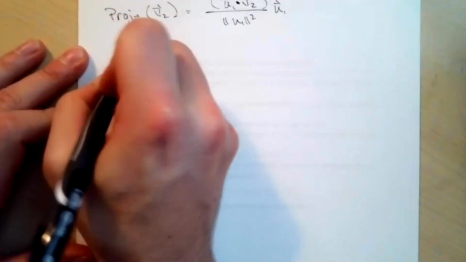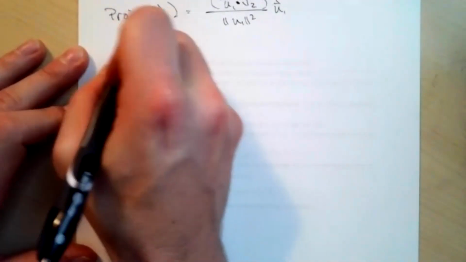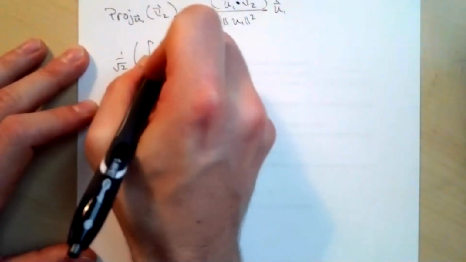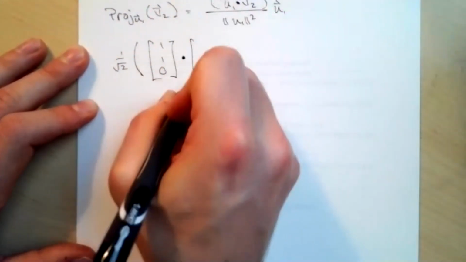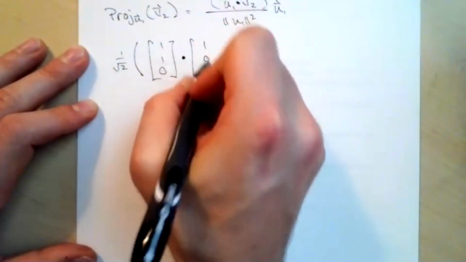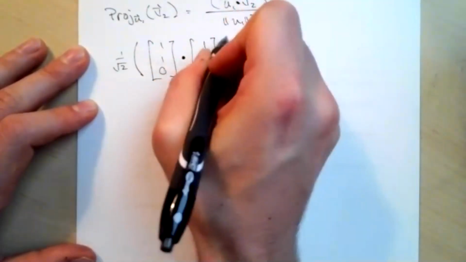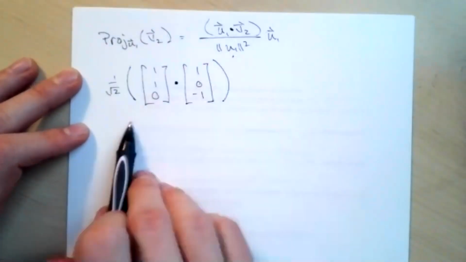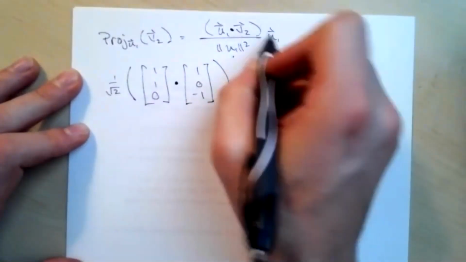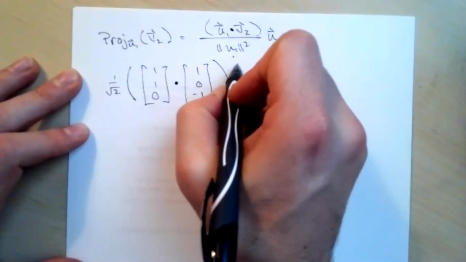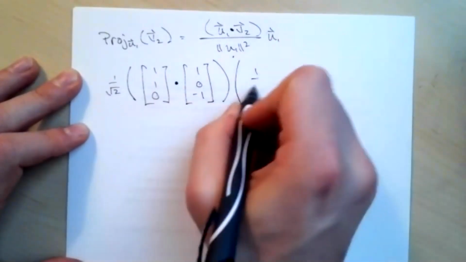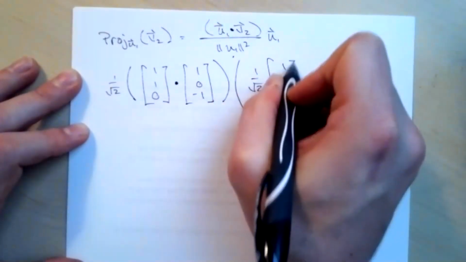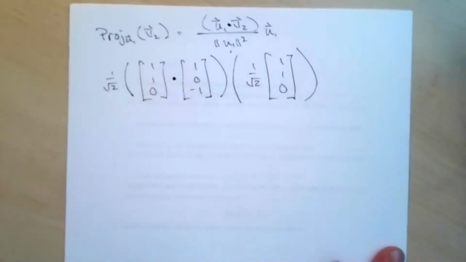And so we've got 1 over square root of 2 times our U1, which was 1, 1, 0. And we are taking a dot product with V2, which was 1, 0, minus 1. Now this norm of U squared is 1, so I'm not going to divide by anything. But we do have to multiply this times U1, which was 1 over square root of 2, 1, 1, 0. So those factors of 1 over root 2 are going to show up again.